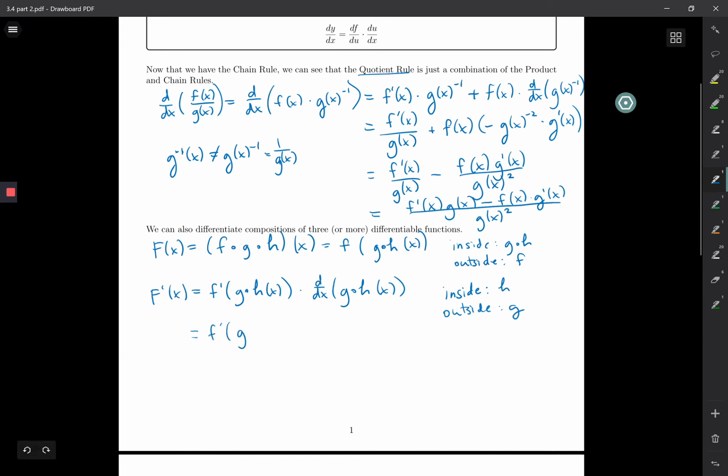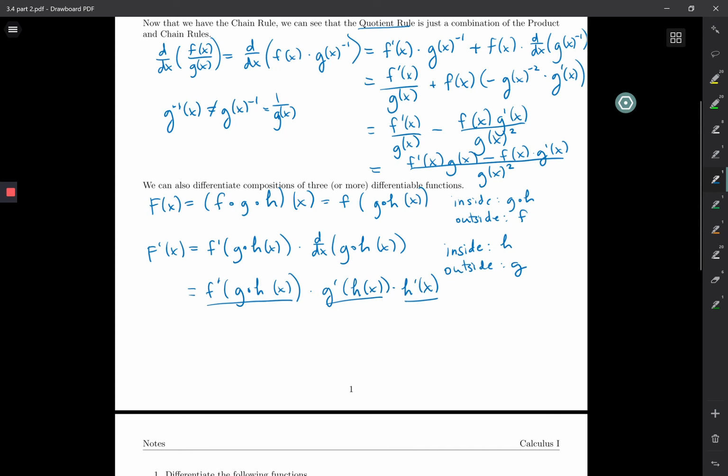I leave the first part alone, and then I have the outside function evaluated at the inside function times the derivative of the inside function. Notice that when we had a composition of three functions, we get three derivatives, so we have three pieces.